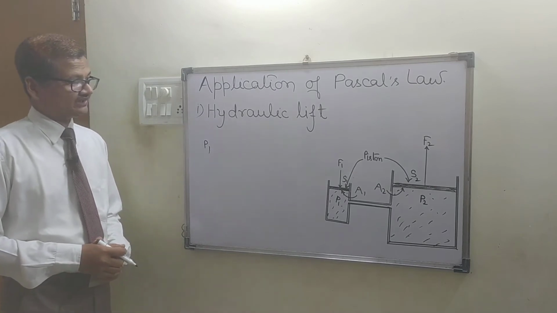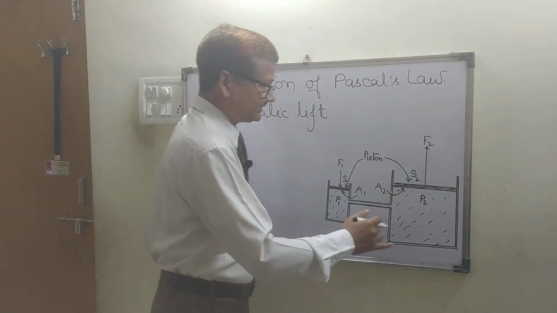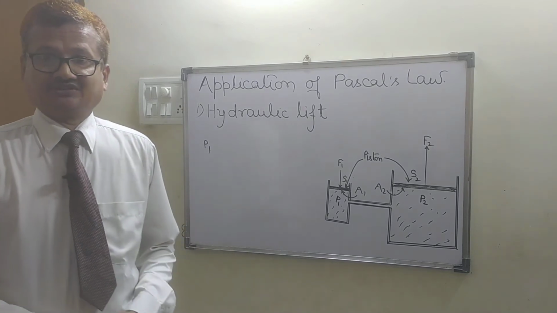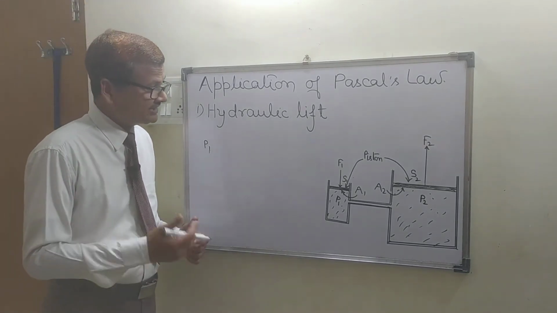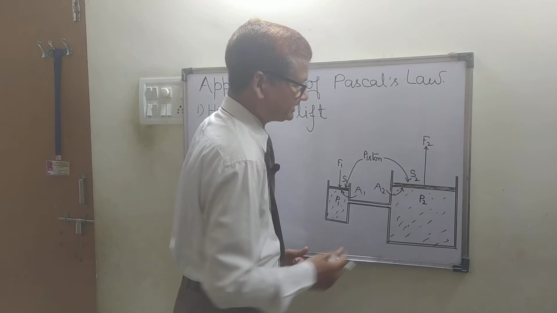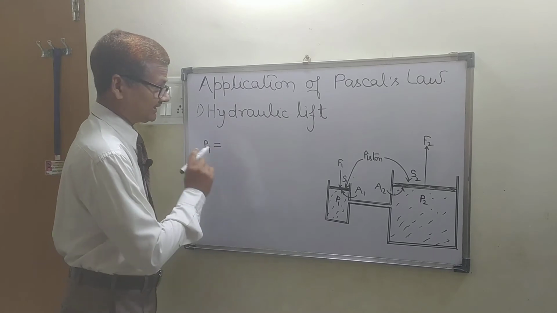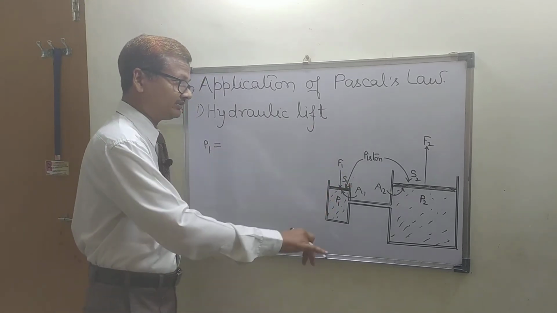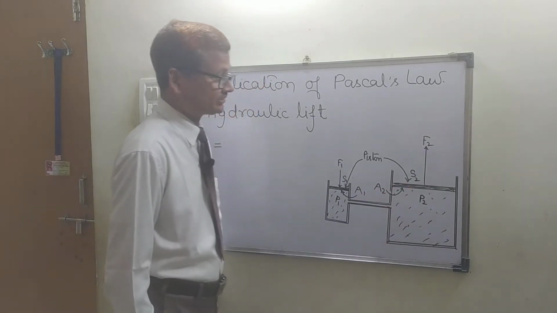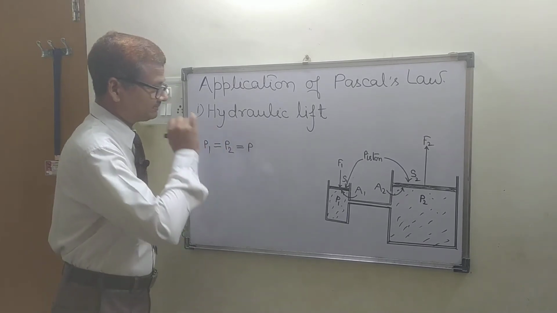According to Pascal's law, this pressure will be transmitted undiminished to every part of this vessel. So the pressure exerted here will be the same as the pressure applied here. Therefore, pressure P1 applied on this piston due to applied force F1 is equal to pressure exerted on the piston S2. Therefore, P1 is equal to P2, say this is equal to P.